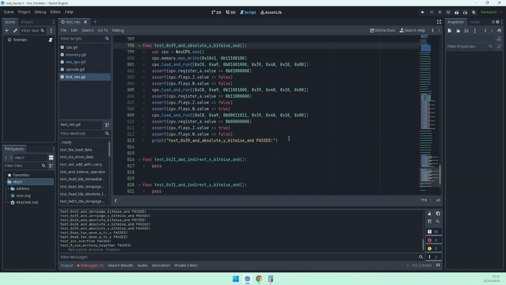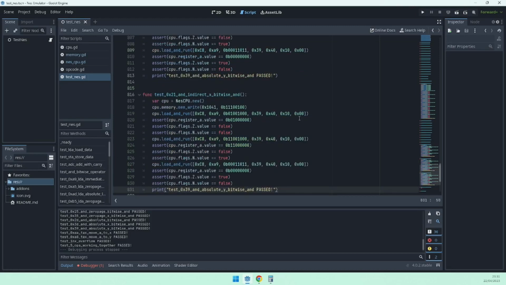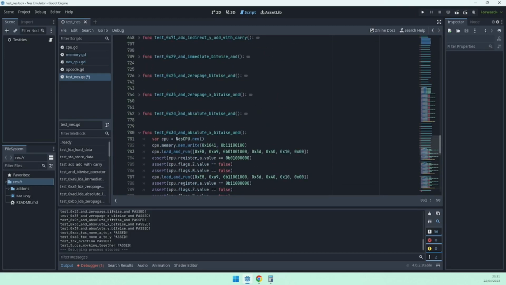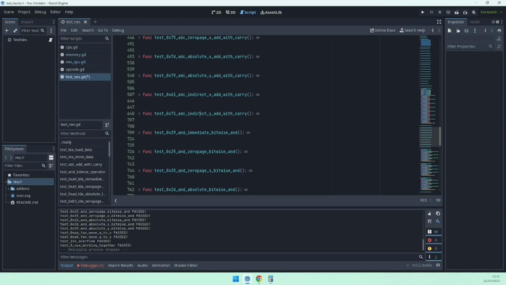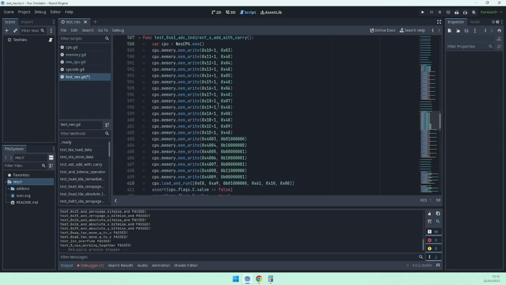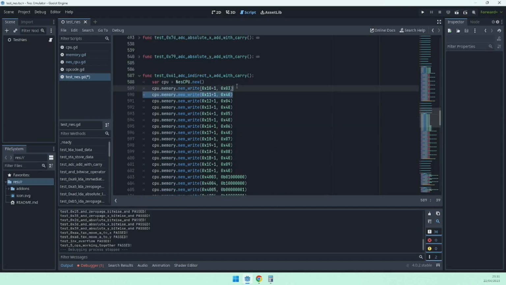Okay, indirect X. So I like what I did in the other side because it makes much more obvious what was happening with the memory. So you have the memory address. So this is a pointer to pointer.